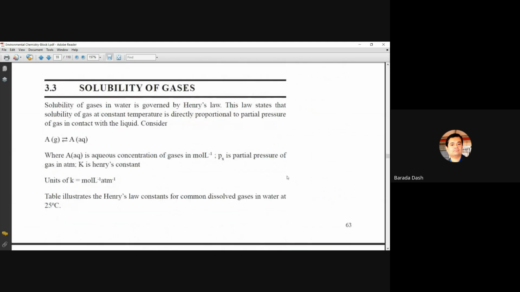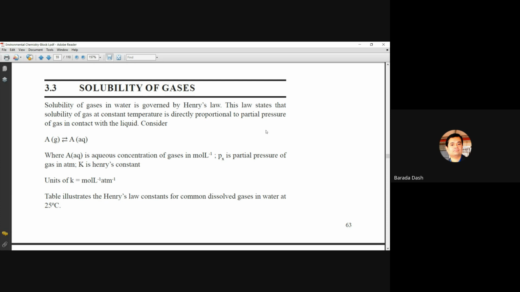Then solubility of gases. Solubility of gases in water is governed by Henry's law. So what is the law? Henry's law states that the solubility of a gas at constant temperature is directly proportional to the partial pressure of the gas in contact with the liquid.